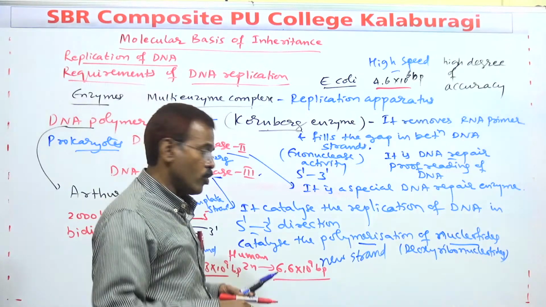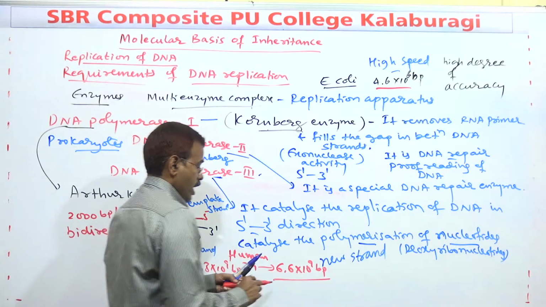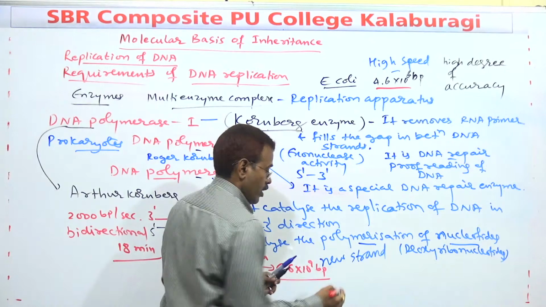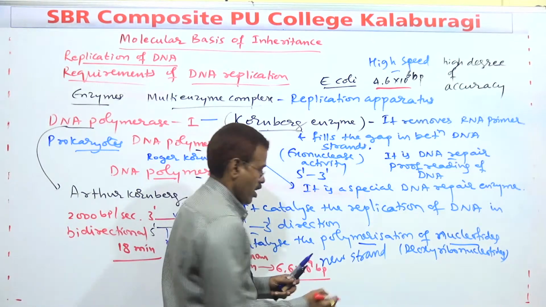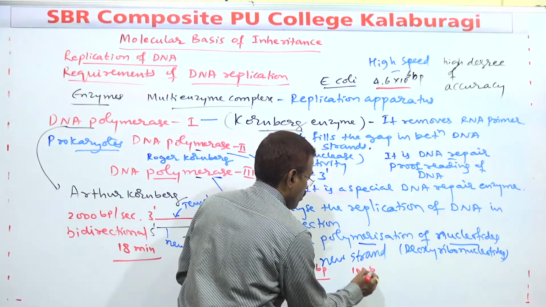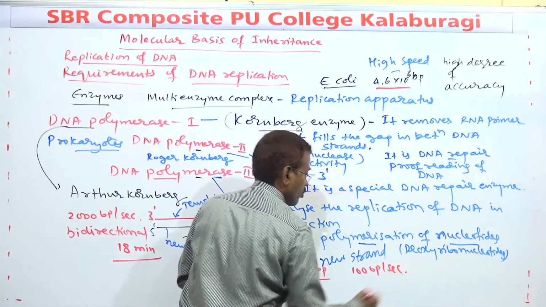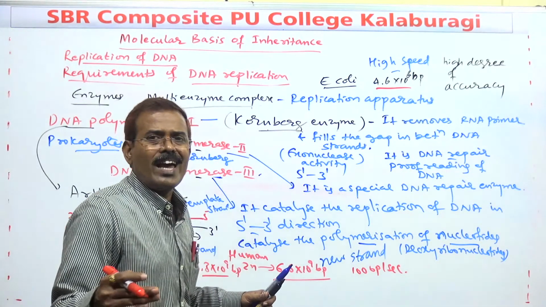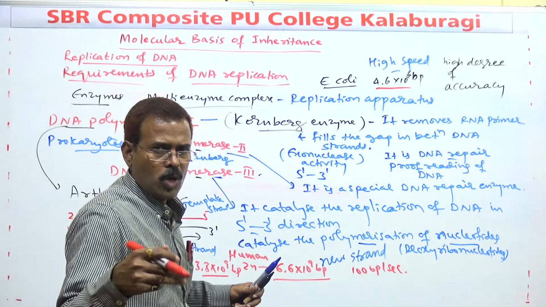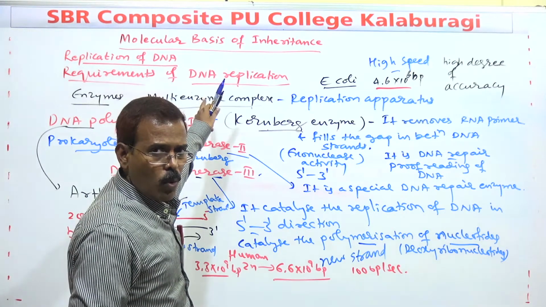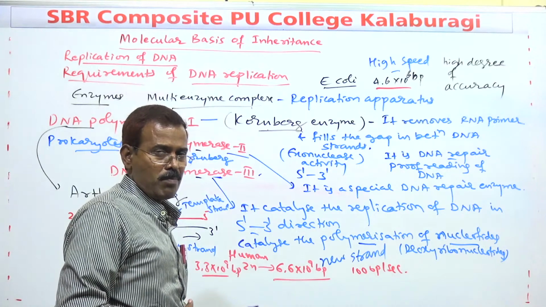There the speed of addition of deoxyribonucleotides is 100 base pairs per second. It is comparatively slower because eukaryotic DNA replication is much more complex than prokaryotic DNA replication, which we should remember here.